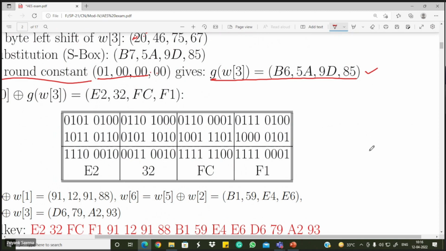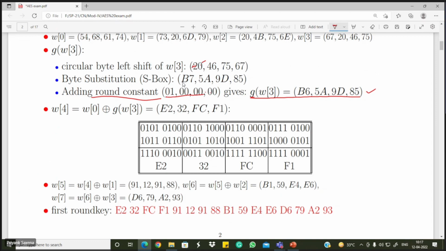It will be 21, and finding it again on the table. We are not adding on 20. 20 is substituted through the substitution box. A byte substitution is performed through a substitution box, right? So after that, you got this after byte substitution, and then depending on which round you are talking about, this round constant is added.